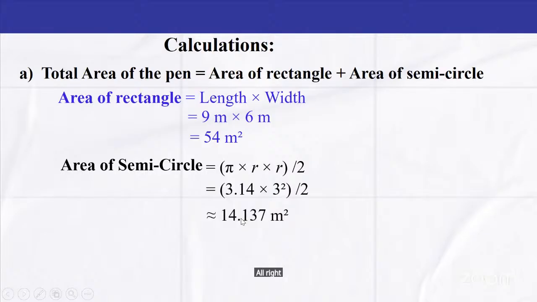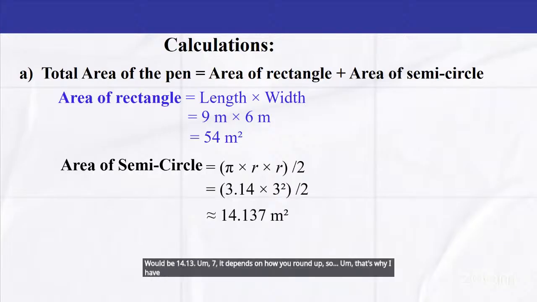Janelle Cardis asks, so is the area 14.13 square meters? Oh, the person is asking. Apparently so. Yes, the area for the semicircle would be 14.13. It depends on how you round up, so that's why I have the 7 there.